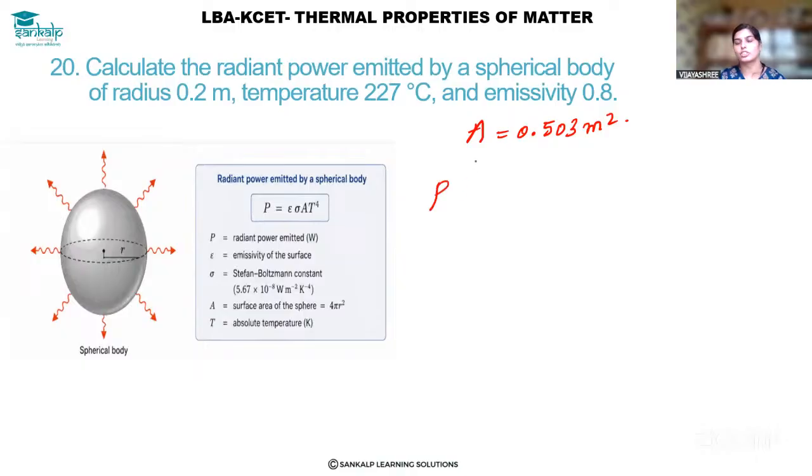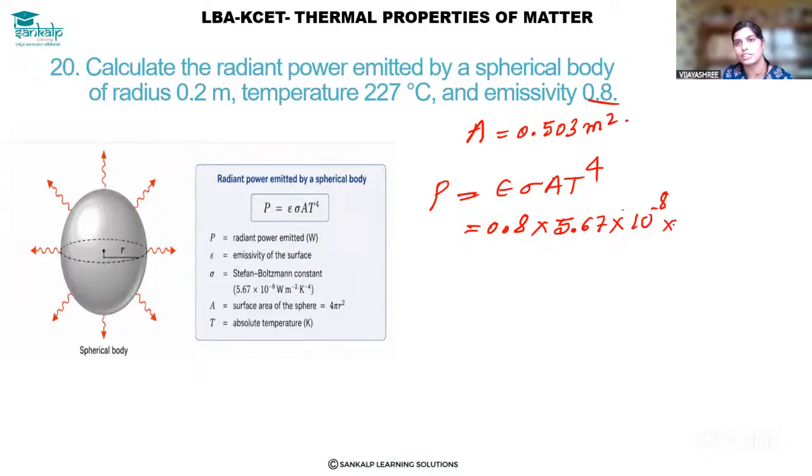So now apply the Stefan-Boltzmann law formula, P, power radiated, is equal to emissivity into constant into surface area into temperature to the power 4, which is equal to emissivity 0.8 into Stefan's constant 5.67 into 10 to the power minus 8, surface area 0.503, then temperature 227 degrees Celsius, that is 500 Kelvin, to the power 4.